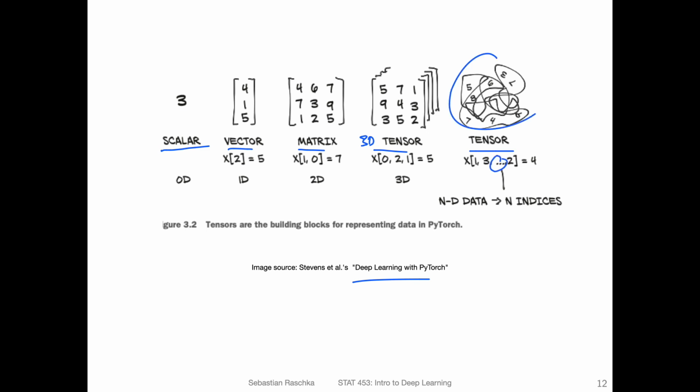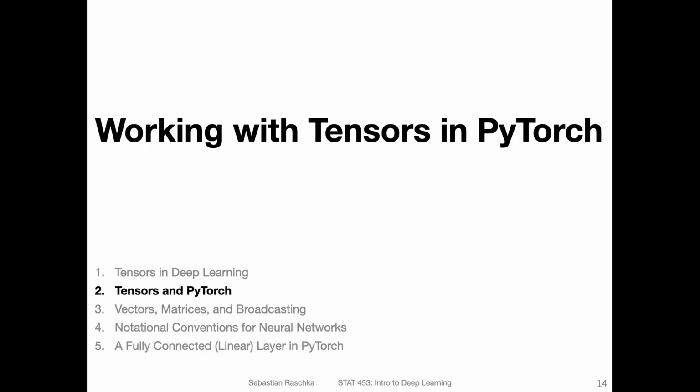It's also just making fun of it that this is something we can't visualize in our head anymore because, as humans, we can only really think of 3 dimensions. With the 4th dimension, it becomes all gobbledygook here. And this is just a short summary of what we just discussed in the previous slides. And in the next video, I want to briefly talk more about tensors in PyTorch. So if this was just a little bit short, I will talk more about this in the next video.